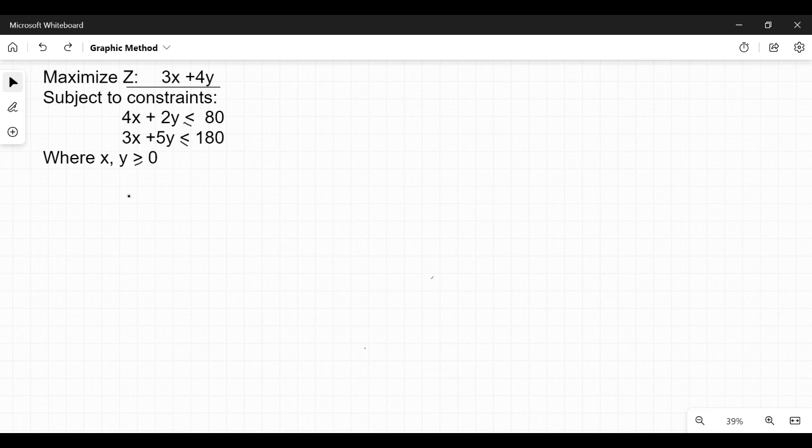Now how to graph the inequalities? First we will write the corresponding equations. My corresponding equations for these two inequalities are 4x + 2y = 80 and 3x + 5y = 180.